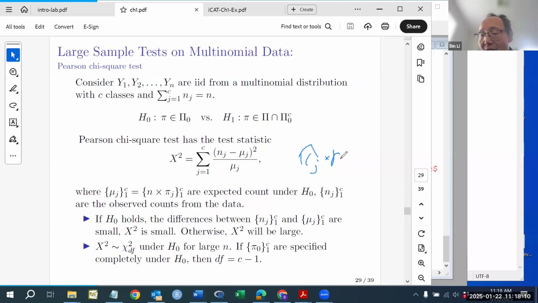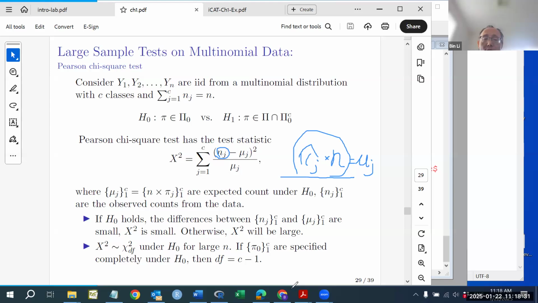So the expected counts for category J is n times pi j, and that equals mu j. That's how we calculate the expected counts, and this is what we observe from the data.